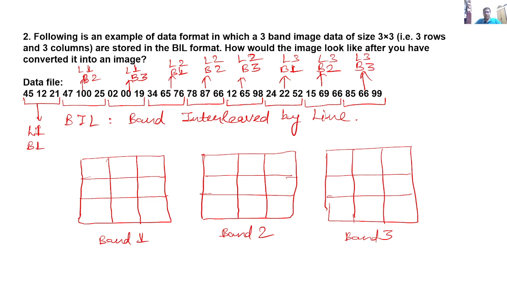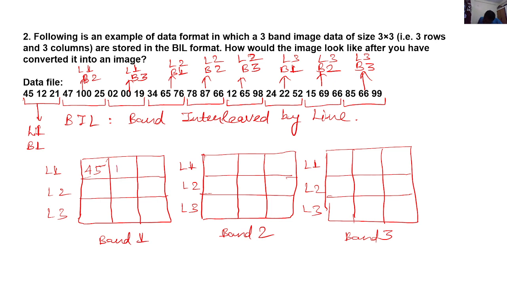So let's just fill it up. It's very simple now. So 45 will go here. This is line 1, this is line 2, this is line 3, L1, L2, L3, L1, L2, L3.